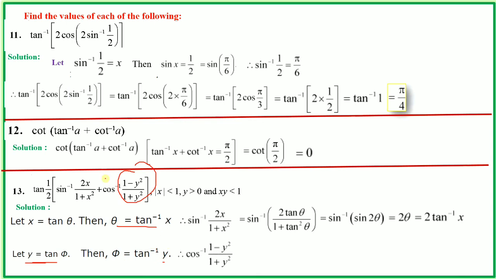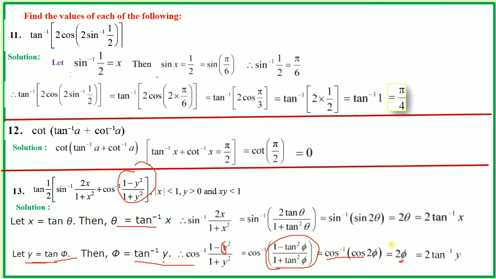Then from above, cos inverse 1 minus y square upon 1 plus y square equals cos inverse, in place of y we have supposed tan phi, so 1 minus tan square phi upon 1 plus tan square phi. Now this is equal to cos 2 phi. So it equals cos inverse cos 2 phi. Now cos and cos inverse cancel, equals 2 phi. Now phi is equal to tan inverse y, so it equals 2 tan inverse y.